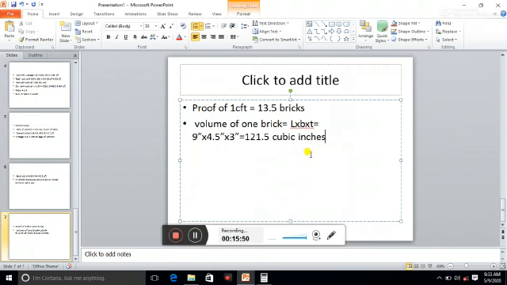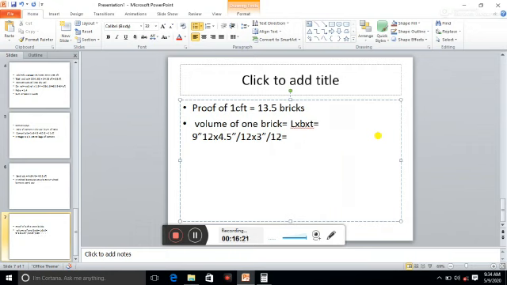Or you can simply solve this by this method: 9 divided by 12, into 4.5 divided by 12, into 3 inches divided by 12. So now it will give the answer in cubic feet.